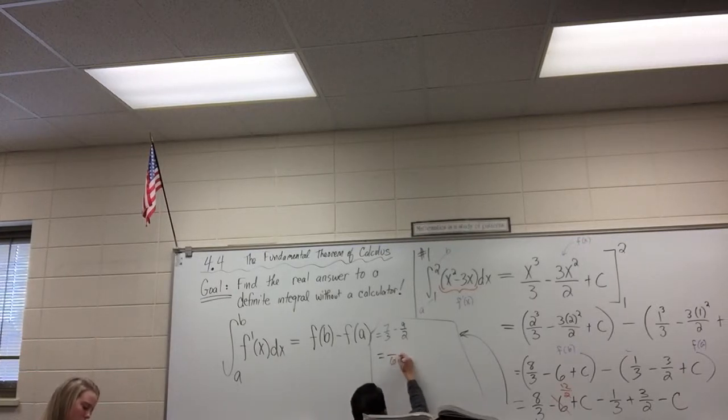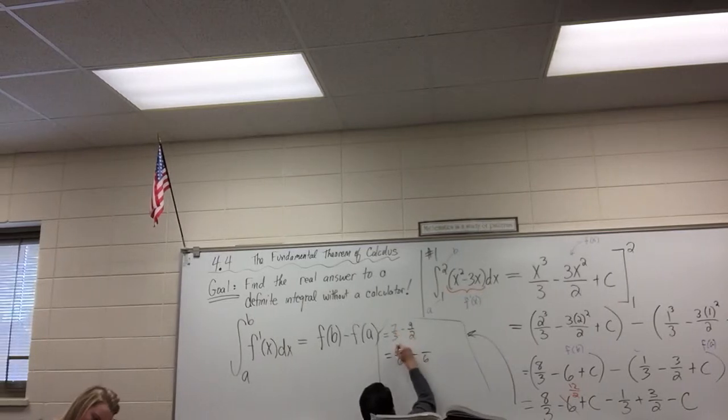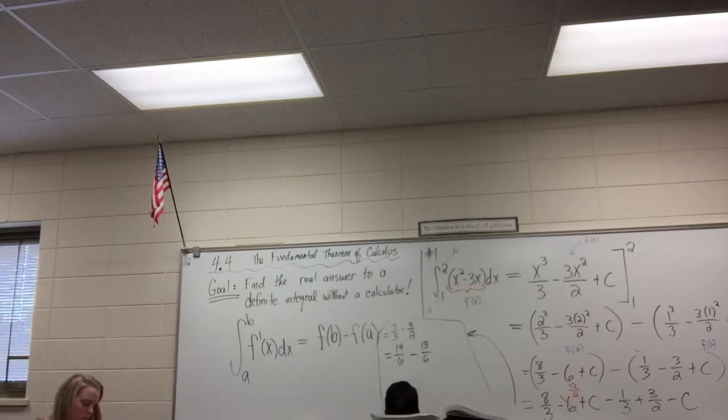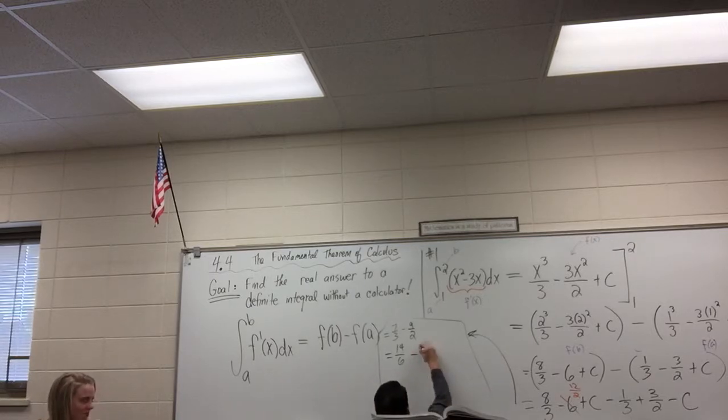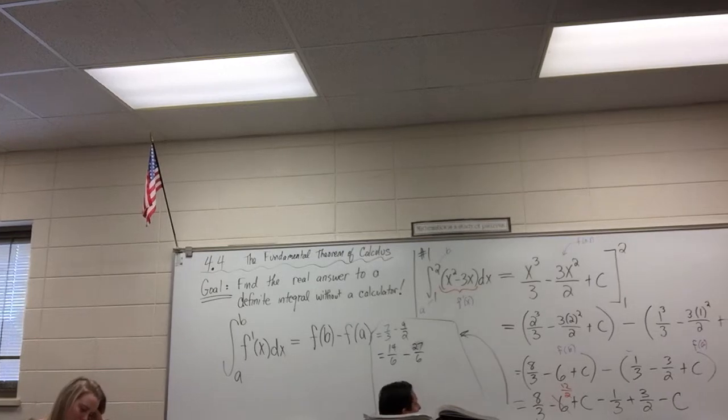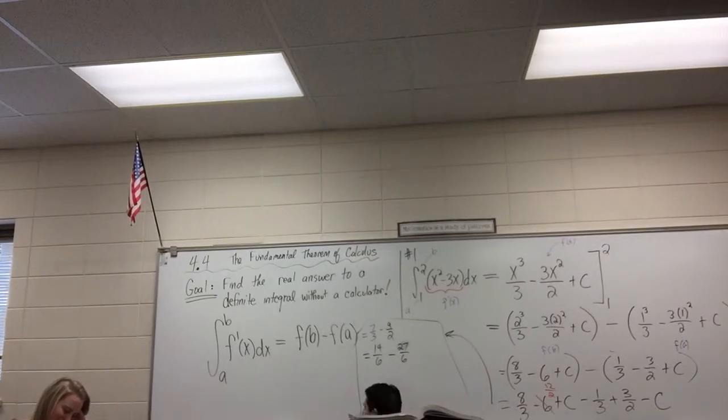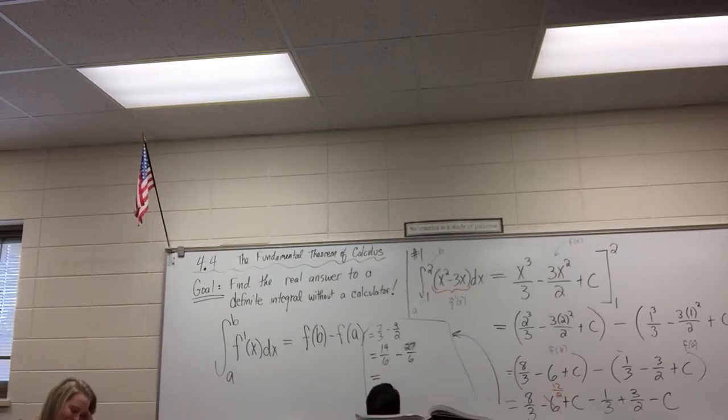Let's do a little math here. Common denominator of 6. So that's 14. That's what, 18? 27. I was never good with numbers, so. I just love saying that.